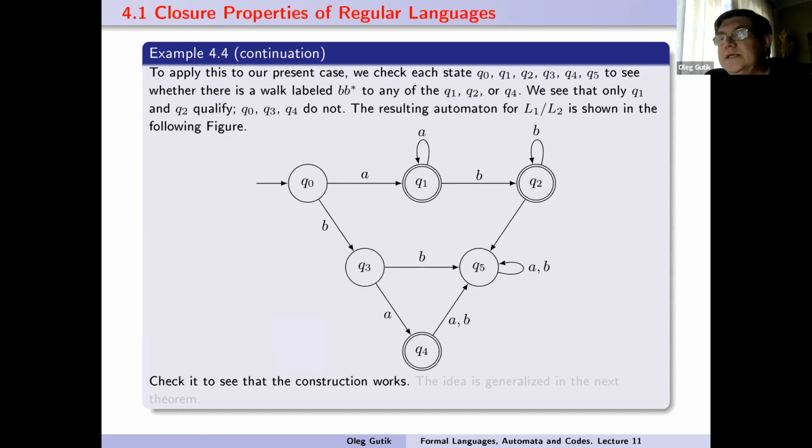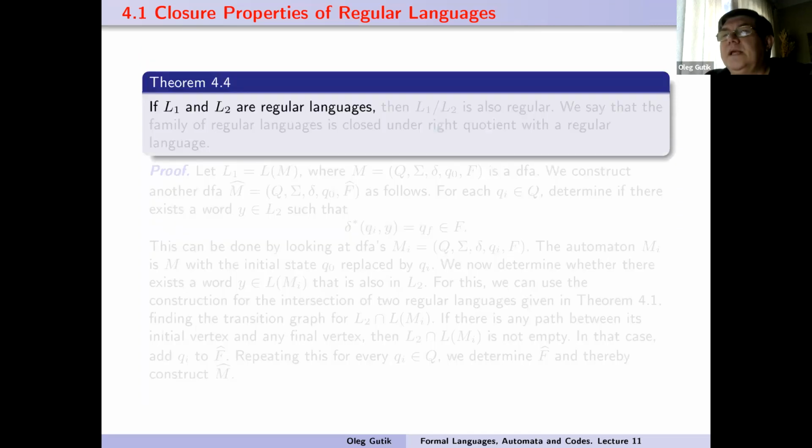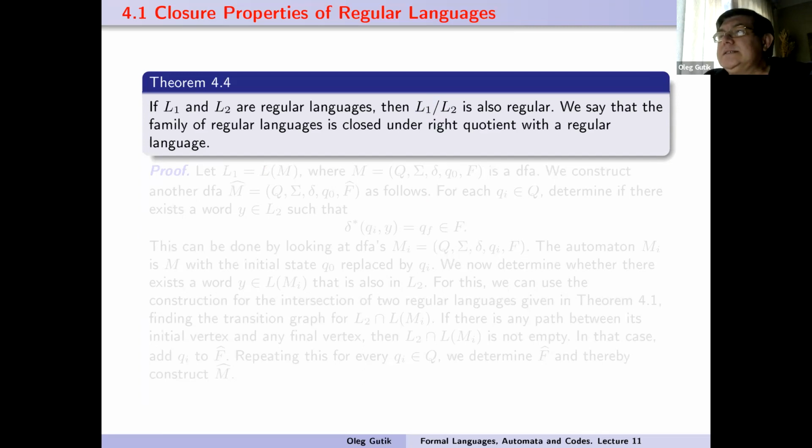Check it to see that the construction works. The idea is generalized in the next theorem. Let L1 and L2 be regular languages. Then the right quotient of the language L1 with the language L2 is also regular. We shall say that the family of regular languages is closed under the right quotient with a regular language. Proof.